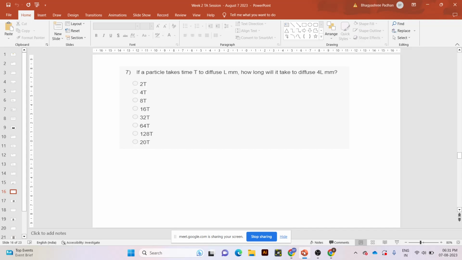If a particle takes time t to diffuse L mm, how long will it take to diffuse 4L mm? 4t. Okay. Anyone else has any other option as their answer?